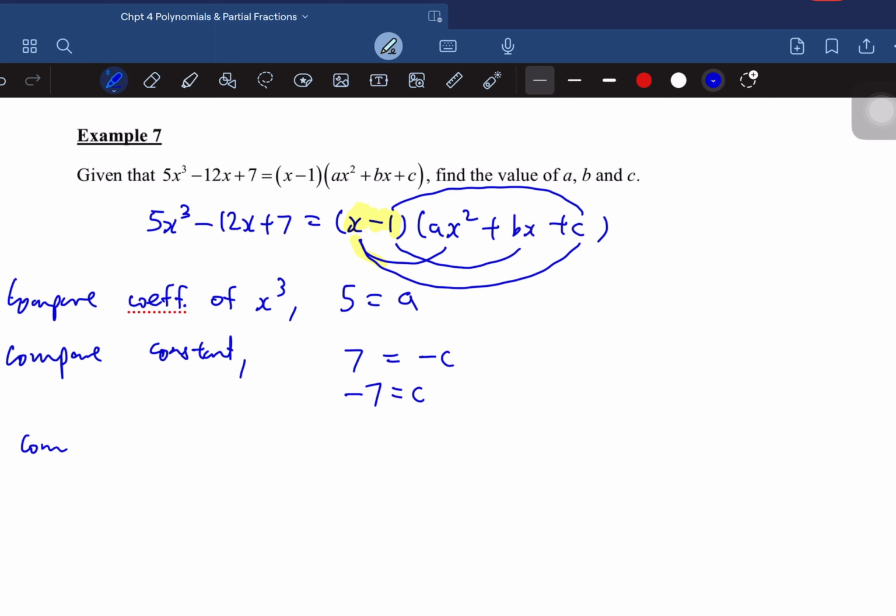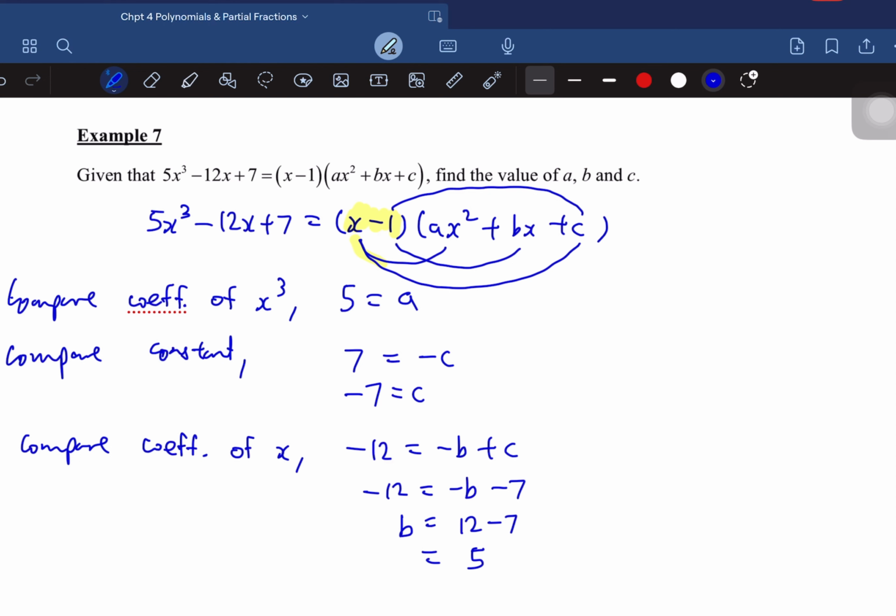So compare the coefficient of x. So I'll have negative 12 equals to negative b plus c. C we already have, so it's negative b minus 7. So my b equals to 12 minus 7 equals to 5.